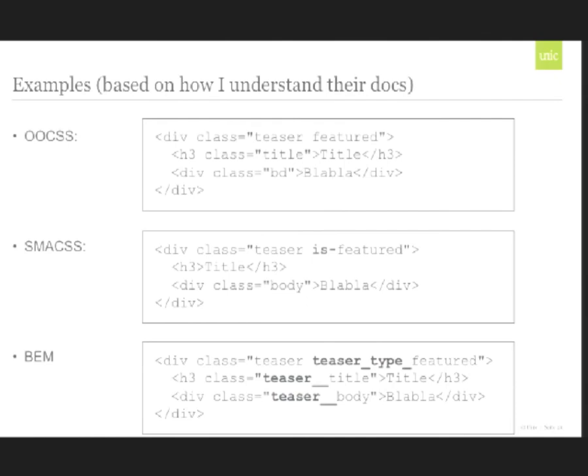So BEM stands for block element modifier, where you have a modifier to this teaser block, and you have sub-elements which are prefixed with their parent block. So you might have to choose with your team which approach to use, which one you prefer.